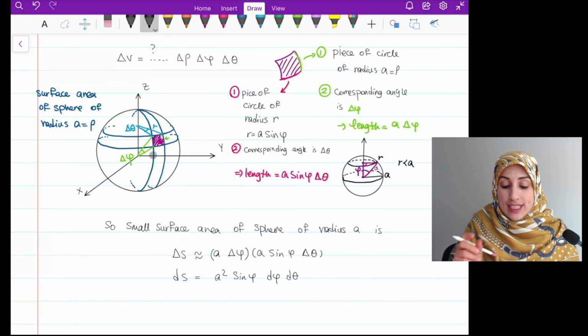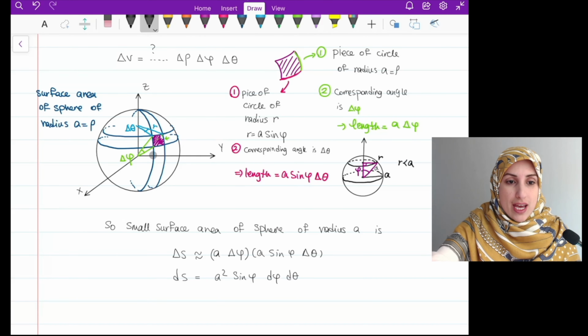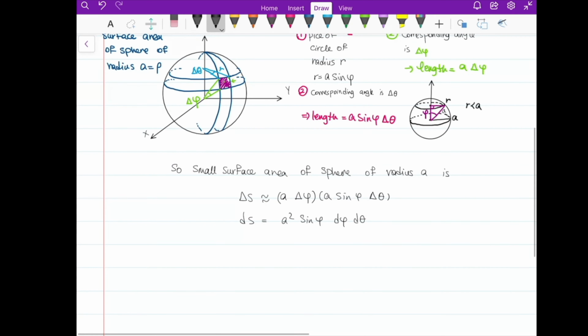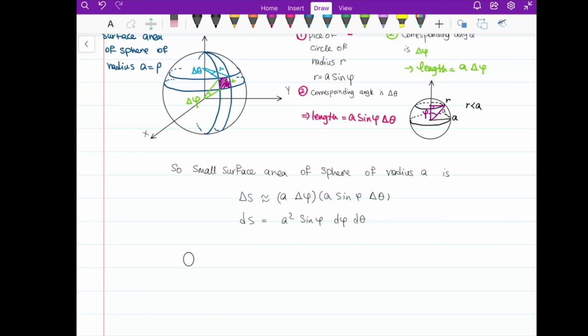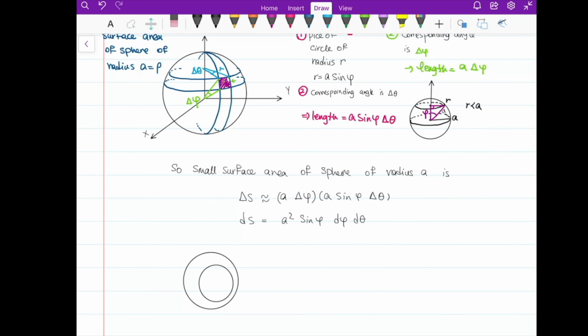So that's the surface area of the small piece that I get on the surface of a sphere. Now let's see if we have some thickness, right? So for the thickness, I'm gonna graph two concentric spheres. One sphere like that, one sphere like this, okay? And now let me make it the full sphere so that it makes more sense.